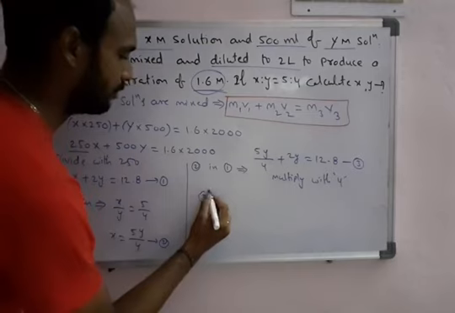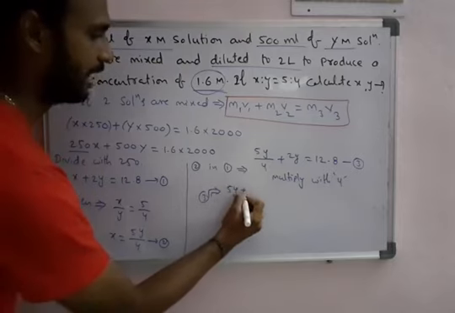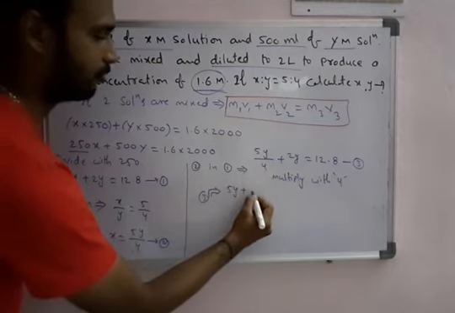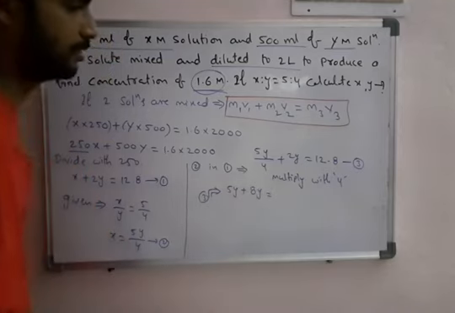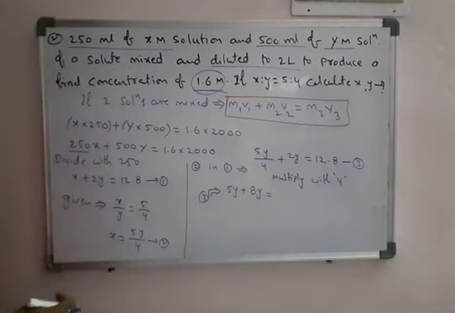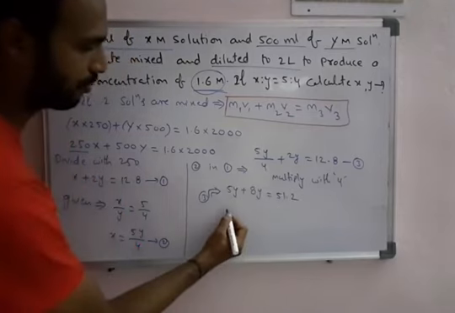Now equation 3 implies 5y plus, multiplying with 4, 8y is equal to 12.8 again into 4. It becomes approximately 51.2.